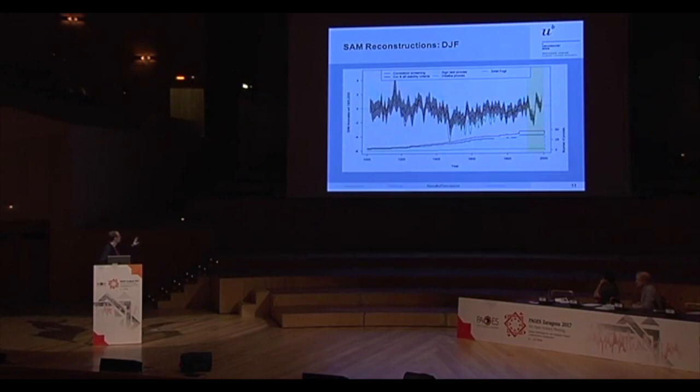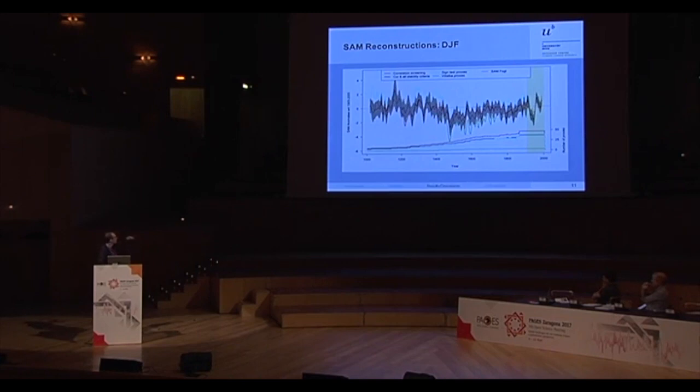Let me quickly guide you through that graph. We see the years on the x-axis, on the left-hand y-axis the SAM anomalies with respect to 1905 to 2005, and on the right-hand side the number of proxies. The gray shading shows the 90% confidence interval for the black reconstruction, and the yellow shading is the calibration period. If you look at the multi-decadal variability, we can see there's a really good match between all those reconstructions.